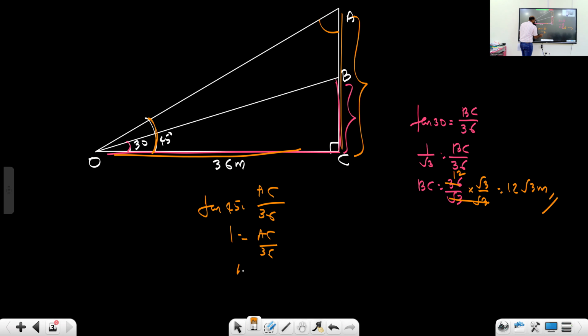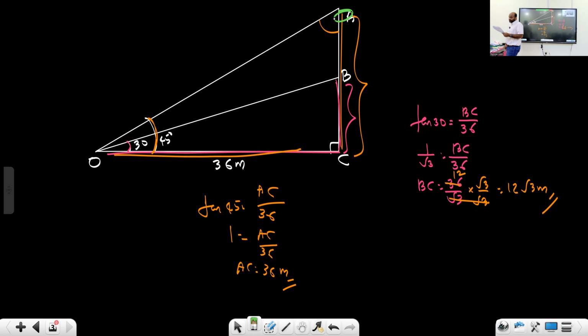So AC equals how much? 36. Second answer is also over. Or you can use the isosceles property. Height, when they ask, should be from the ground. Section, if they are keeping it simply, they can keep it there.